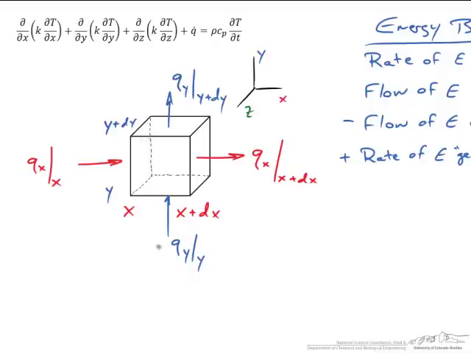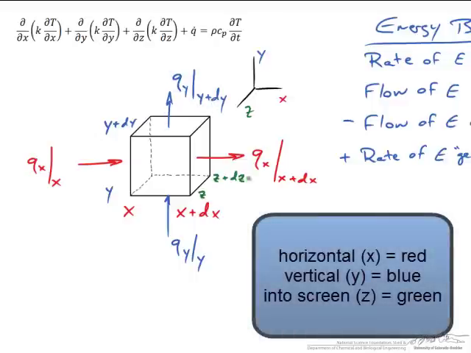So we can evaluate the flow of heat into the system at position y and the flow of heat leaving the system at position y plus dy. And of course we can do the exact same thing for the flow of energy into the screen and out of the screen by defining a position z and a position a little bit further into the screen at z plus dz.